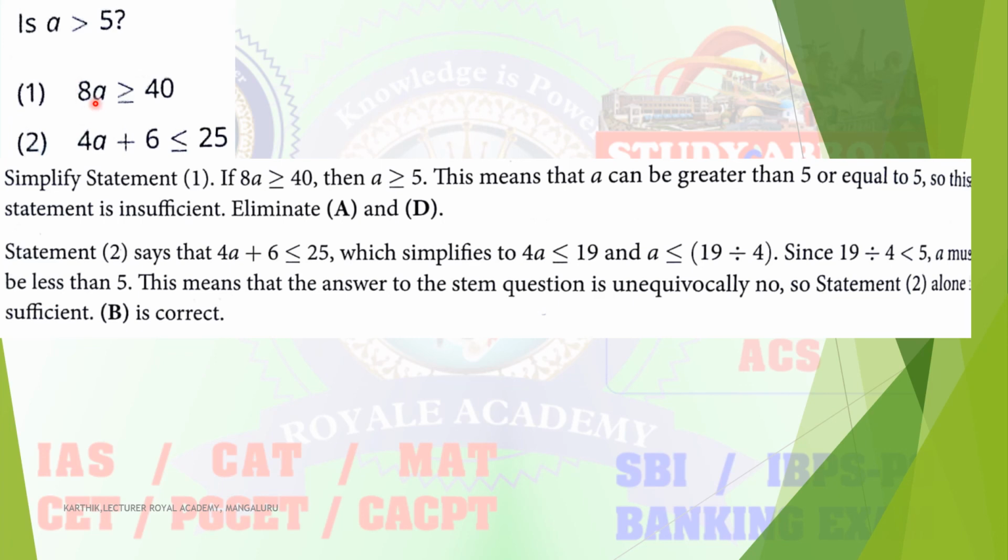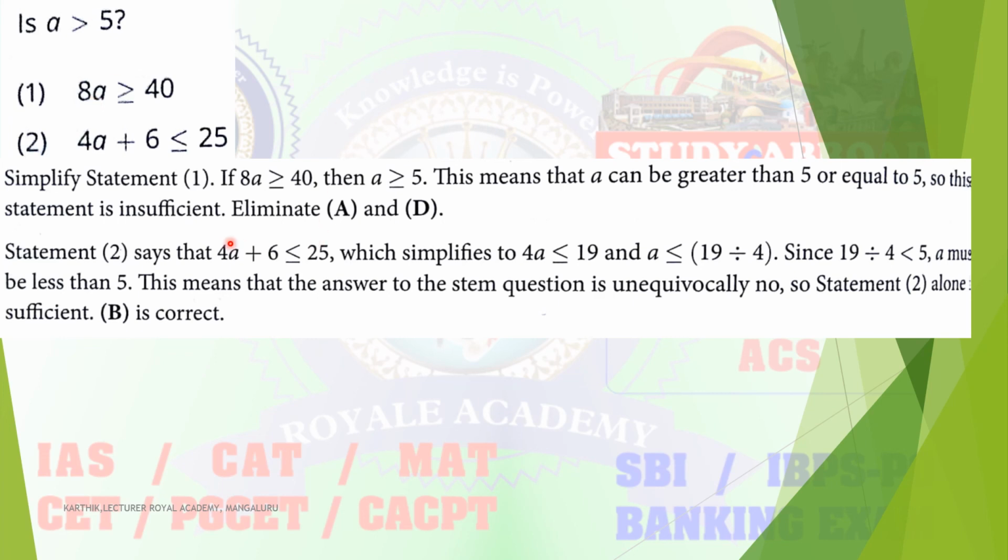But the first statement says a is equal to 5 or greater than 5. So from the first statement alone you can't judge the value of a. a may be 5 or more than 5. So the first statement alone can't give the answer.